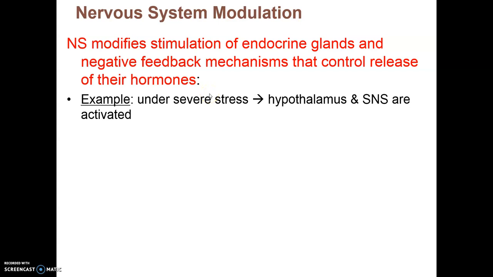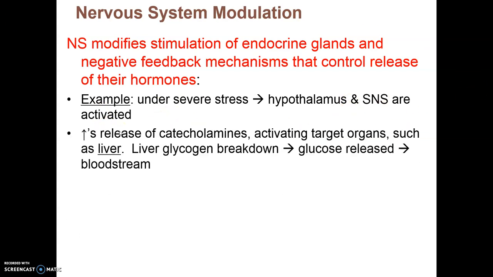The nervous system modifies stimulation of endocrine glands by negative feedback. For example, under severe stress, the hypothalamus and sympathetic nervous system are activated.